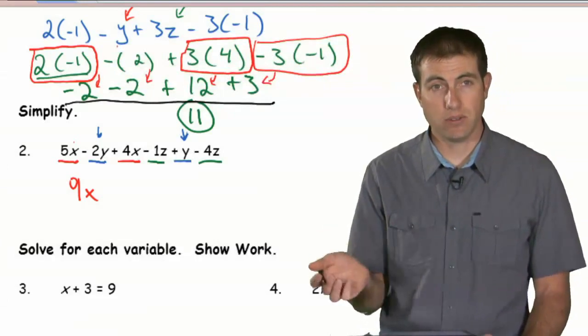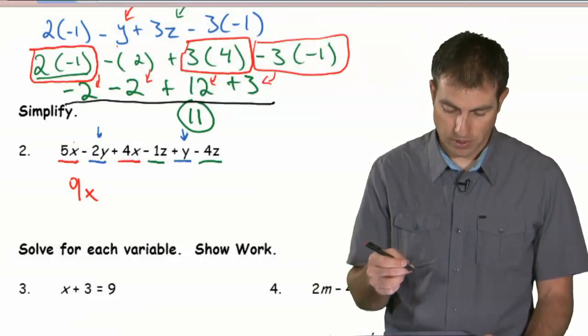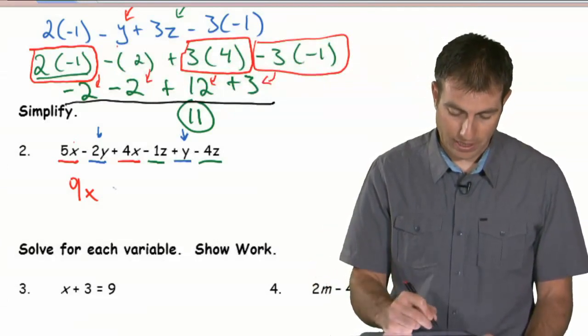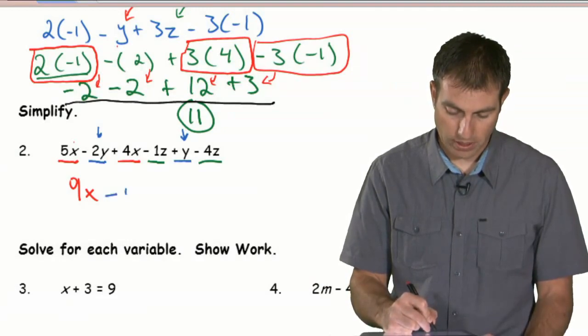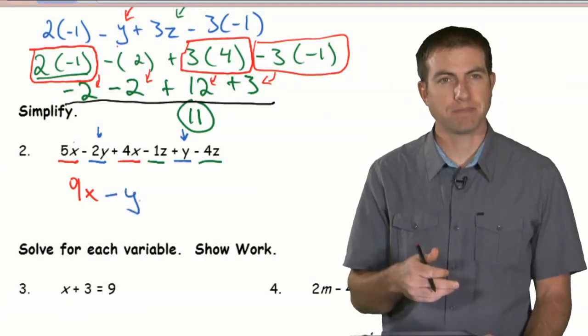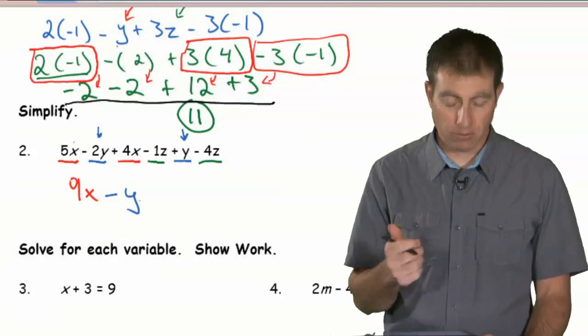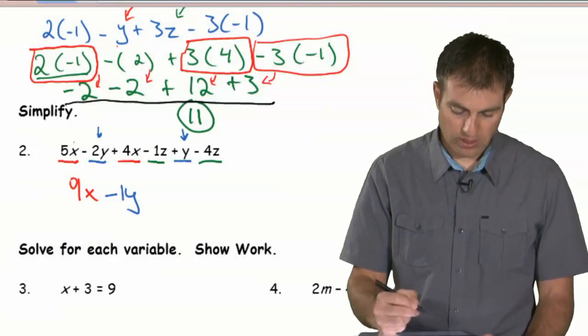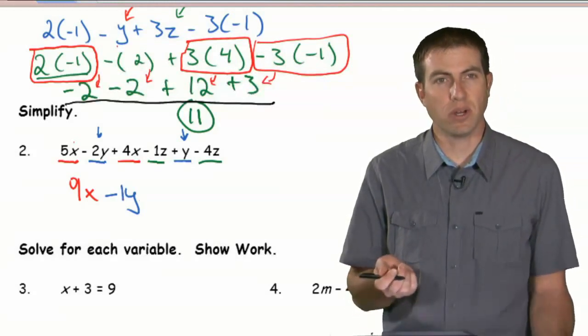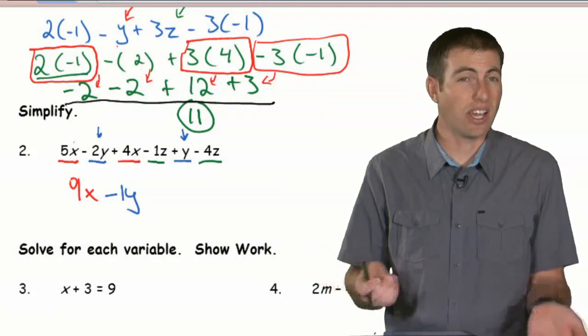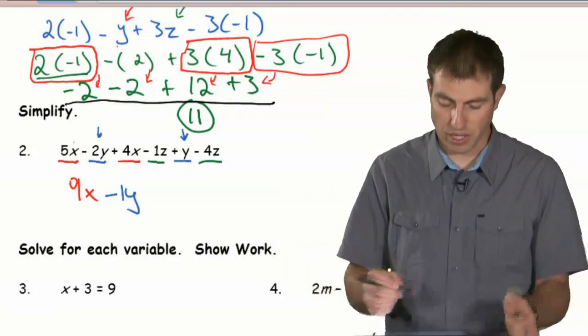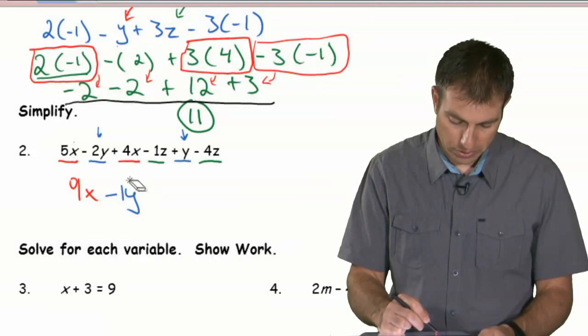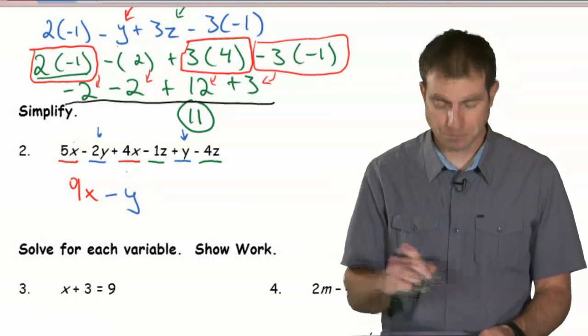So if I have -2, I'm going to add 1 to it. I should end up with a -1y. And I'm not going to put the 1 in front. I'm just going to leave it as -y. If you did put the 1 in front, that's fine, but we don't usually write it that way. It's not wrong, it's just kind of not how we would normally write things. So I'm going to leave it out. If you want to include it, I'll know what you're talking about.